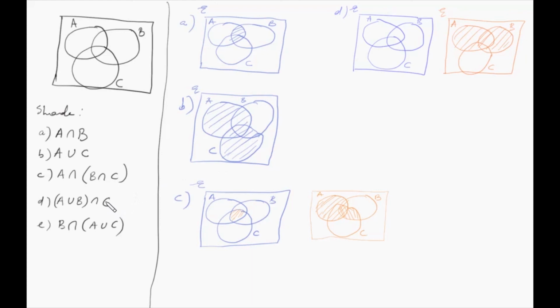Now, intersect C. Let's shade C. So the intersection, the double shaded region, it's this one.